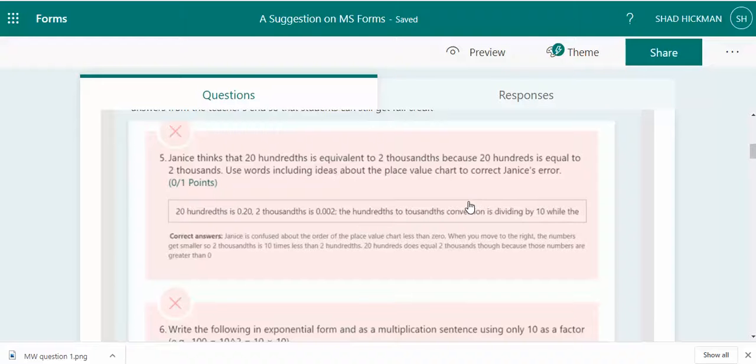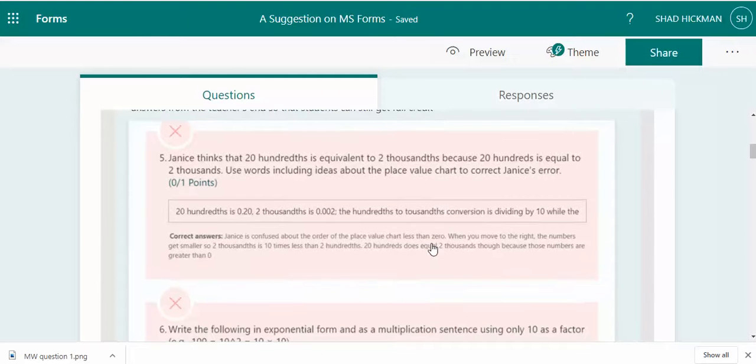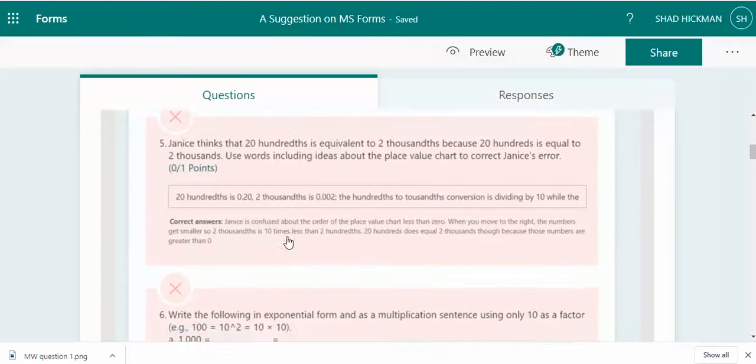Hundreds to thousands conversion is dividing by 10. There is a limited number of keystrokes there. But what the AI is grading is literally the characters, to see if the characters are the same. And I believe that when you graded this, it would probably have most people missing number five.